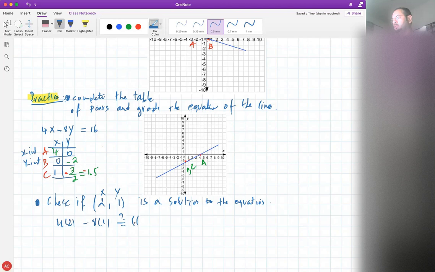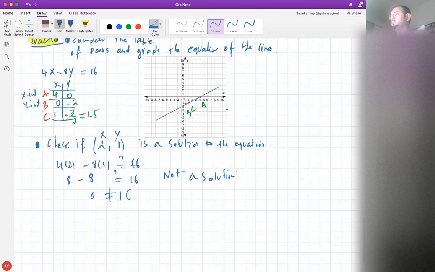We say that equals 16. That's 8, 8 minus 8. And is it equal to 16? No, it's not equal to 16. So this pair is not a solution. But any pair from the line, if you plug it in, it will be a solution.